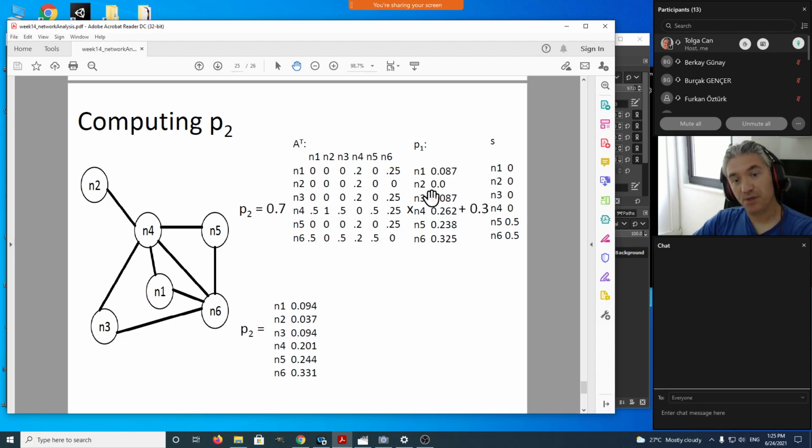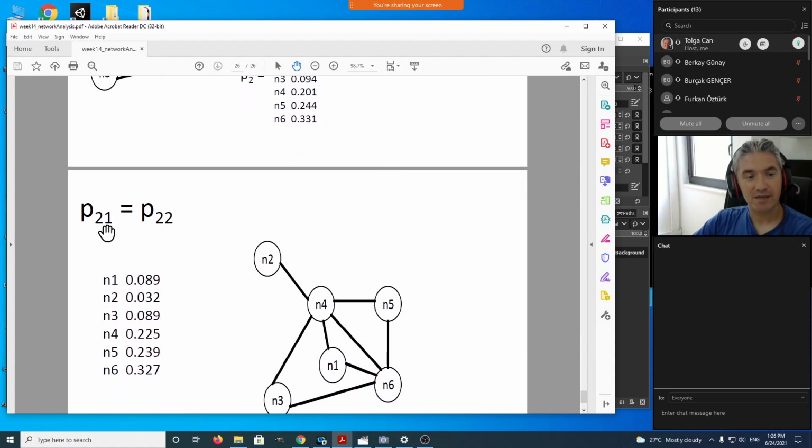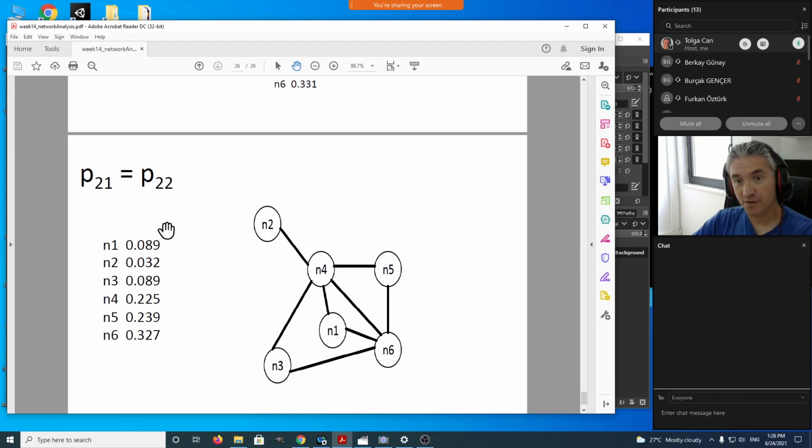Now I'm going to insert P2 here to compute P3. And if you continue doing this, you're going to see that at P21 and P22, if you're just using, for example, 3 digits after the decimal point, they are going to have the exact same 3 digits after the decimal point. And it will keep on like this.